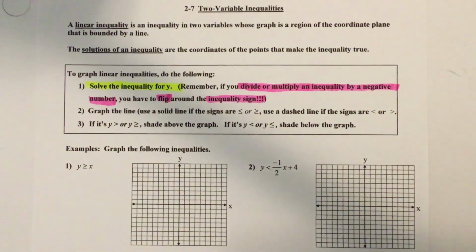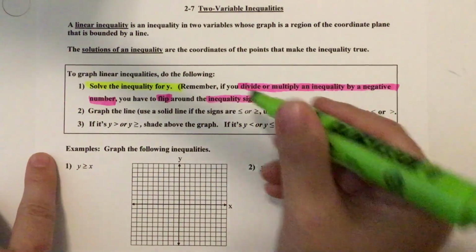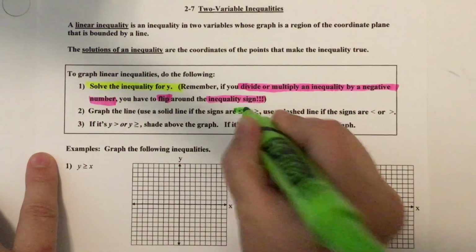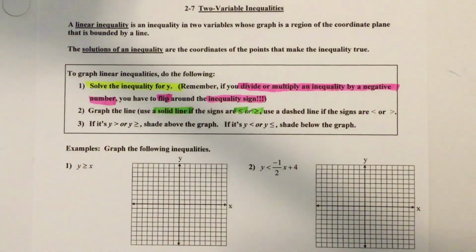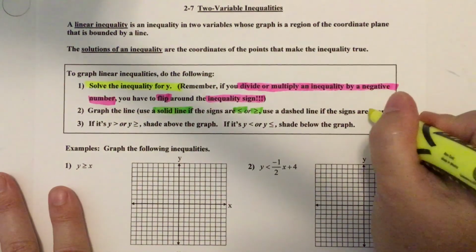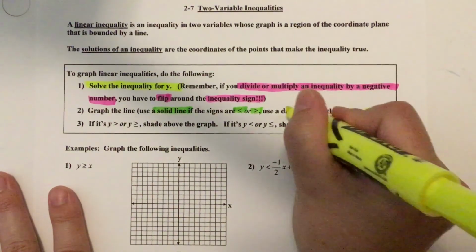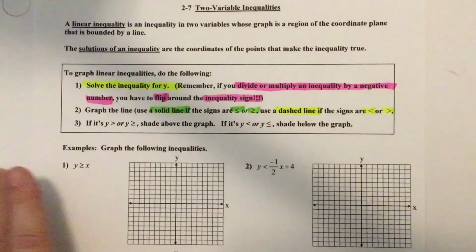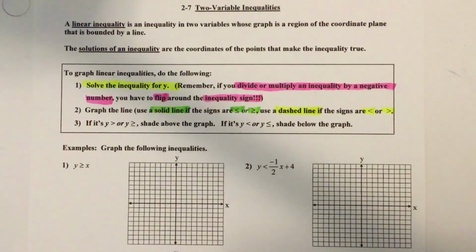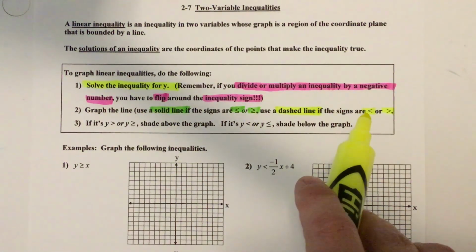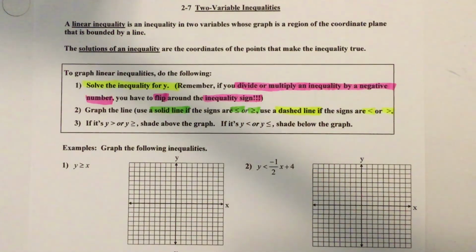Okay, and then also you will need to remember that if there is an equal sign under the symbol, then that's a solid line. But if there is not an equal symbol, then it's a dashed line. So if you see equal symbols, make it a solid line. And if there's no equal symbols, it's a dashed line.